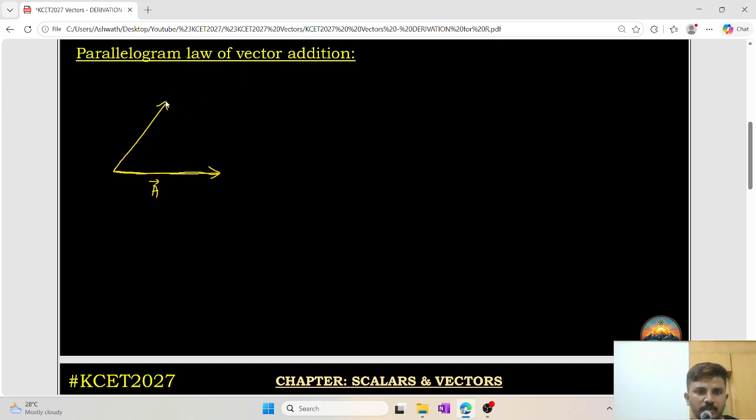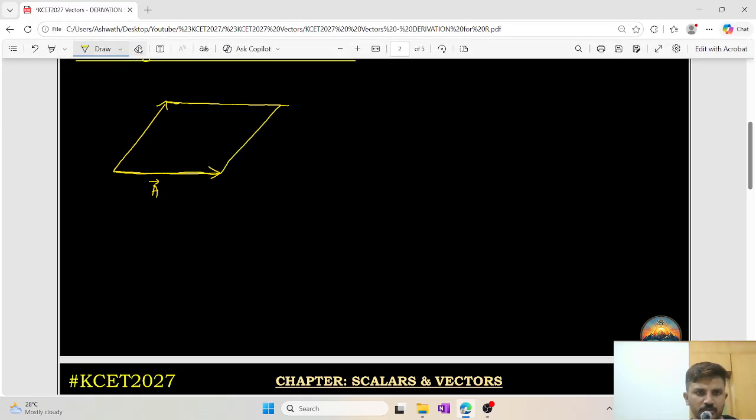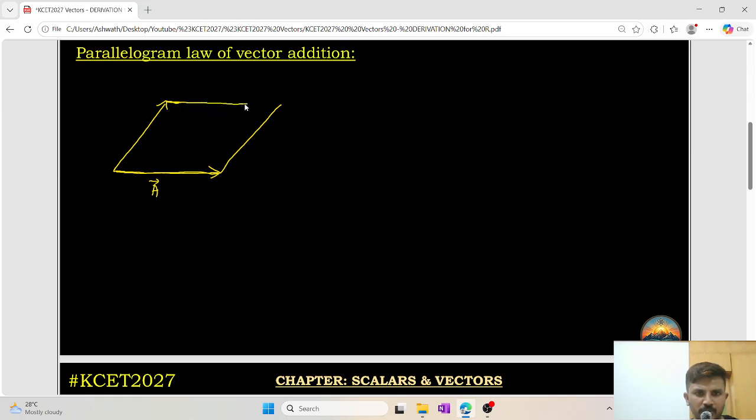Now let me draw a line which is parallel. You can draw a dotted line also, which is parallel to A, and then join this in this direction. Does it form a parallelogram? Almost. You can use a scale to draw this. Here I don't have a scale, I'm drawing it directly.